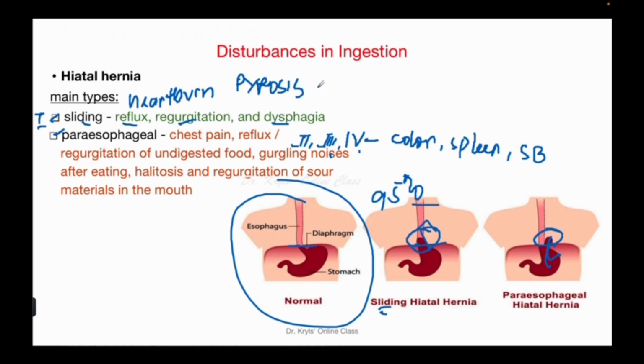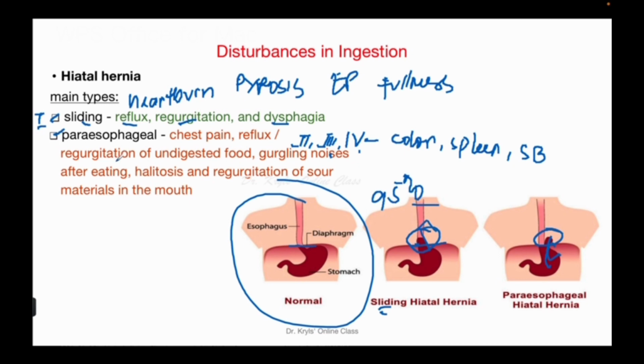Some patients may present with vague symptoms of intermittent epigastric pain or fullness after eating.